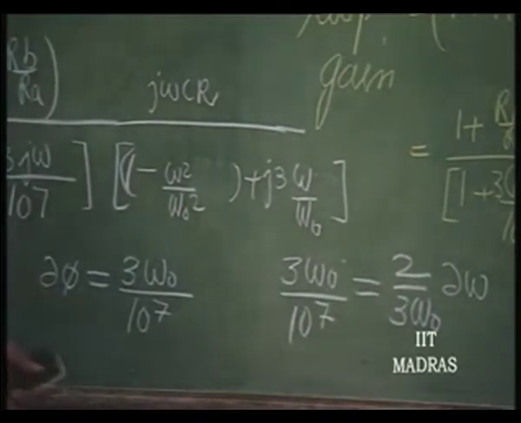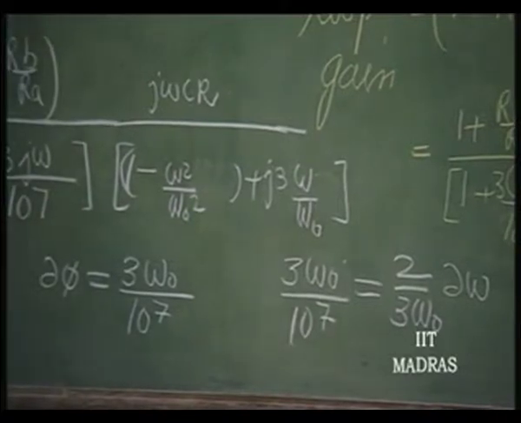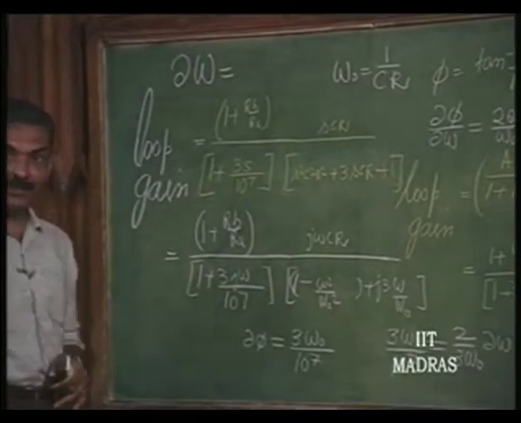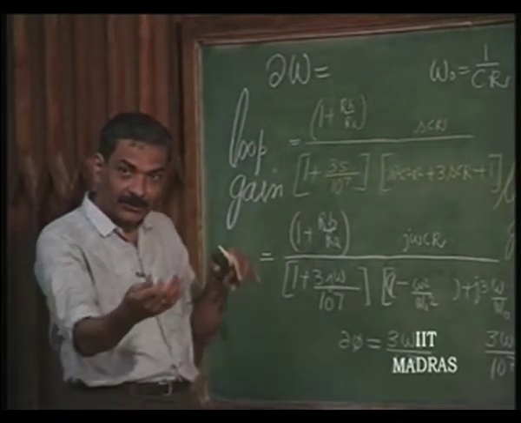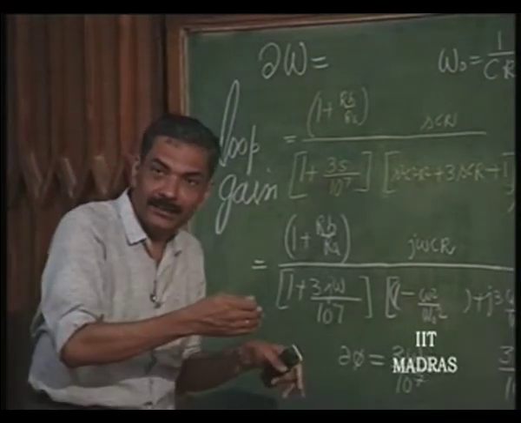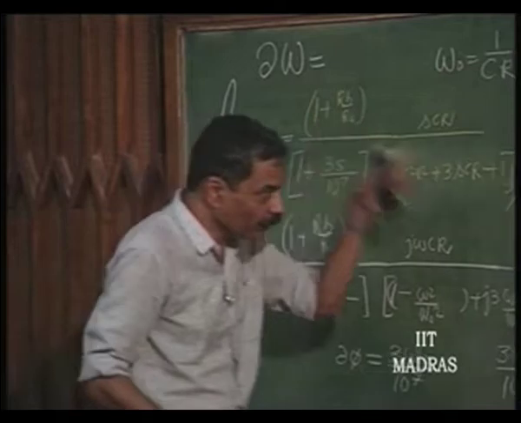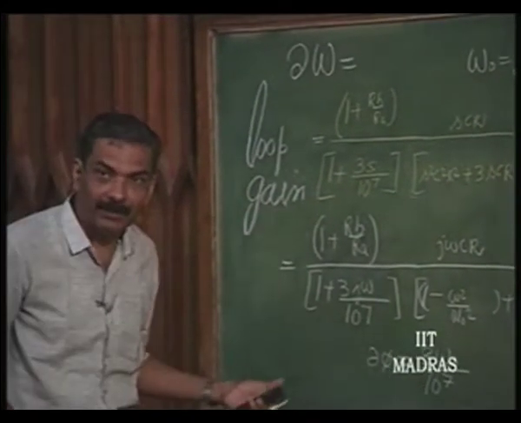So, what do you get? Delta omega is going to be the change in frequency of oscillation. The frequency of oscillation should so adjust itself that much phase lead is going to be given by this network in order to compensate for the phase lag suffered by the amplifier.